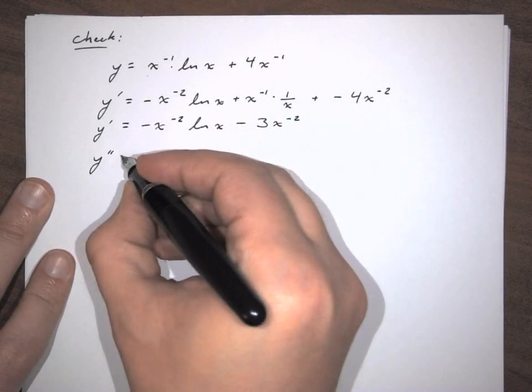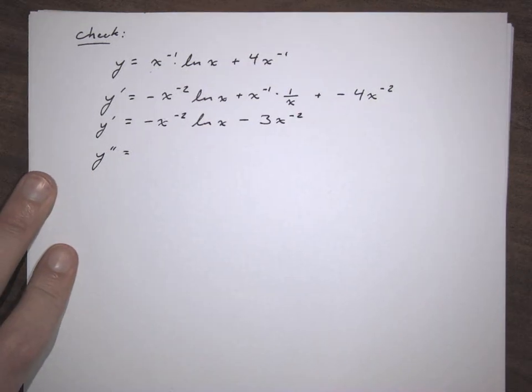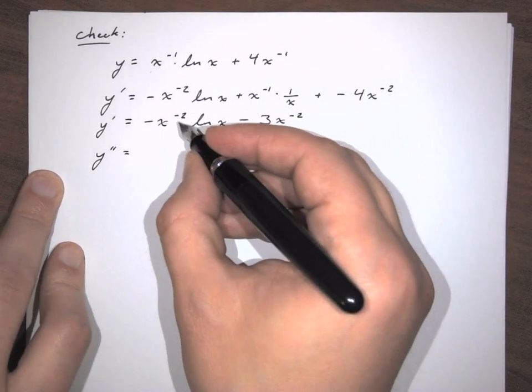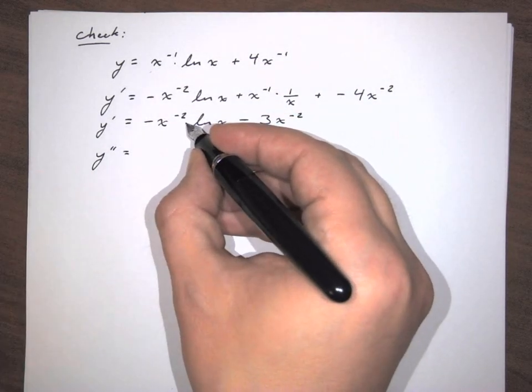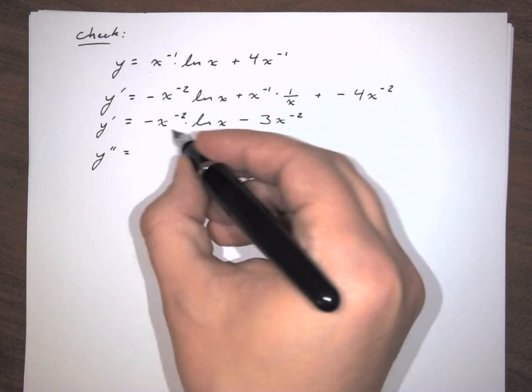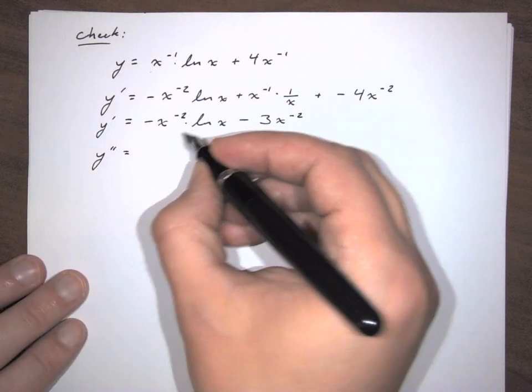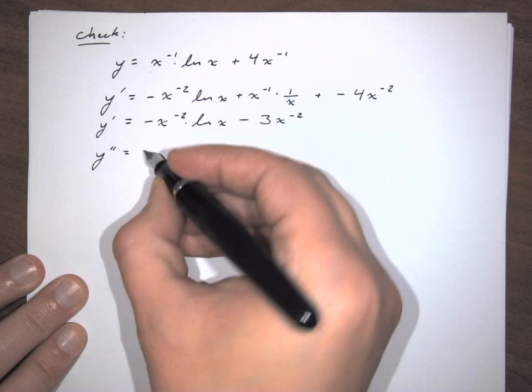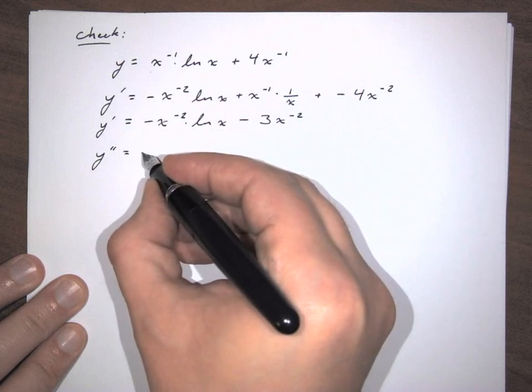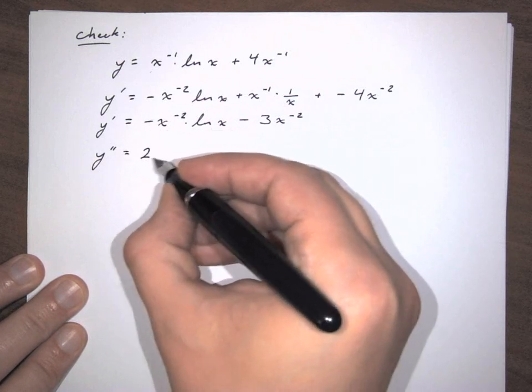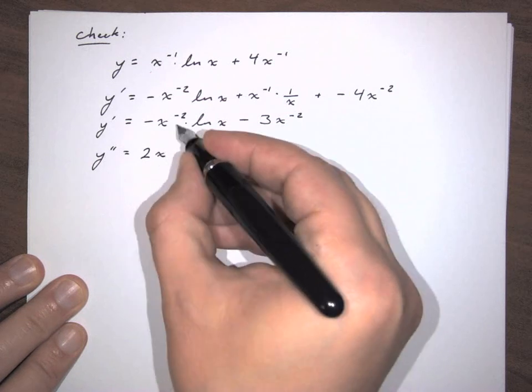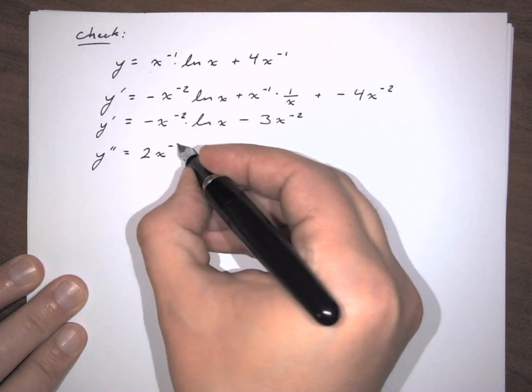We take the derivative one more time to get the second derivative, and here we go. So once again, we're going to need to use the product rule. So we have two factors here. The first factor, we're going to pull down the exponent, and that's going to give us a positive 2, and then that's going to become an exponent of negative 3.